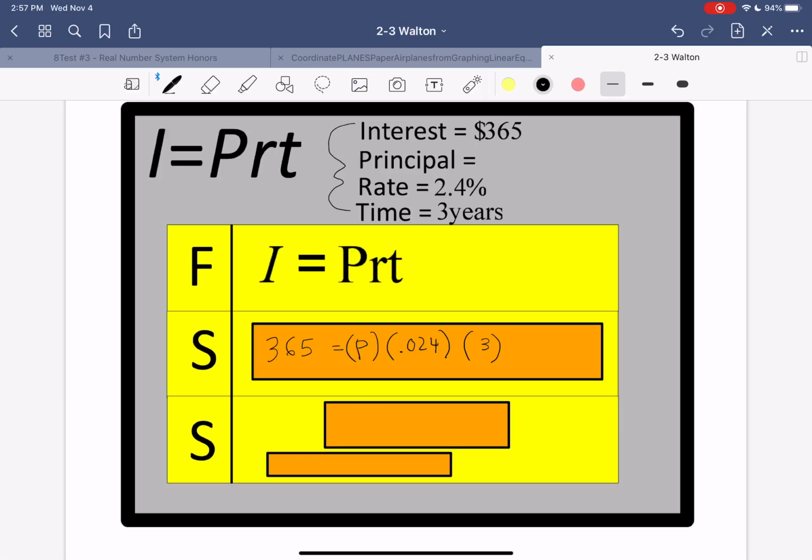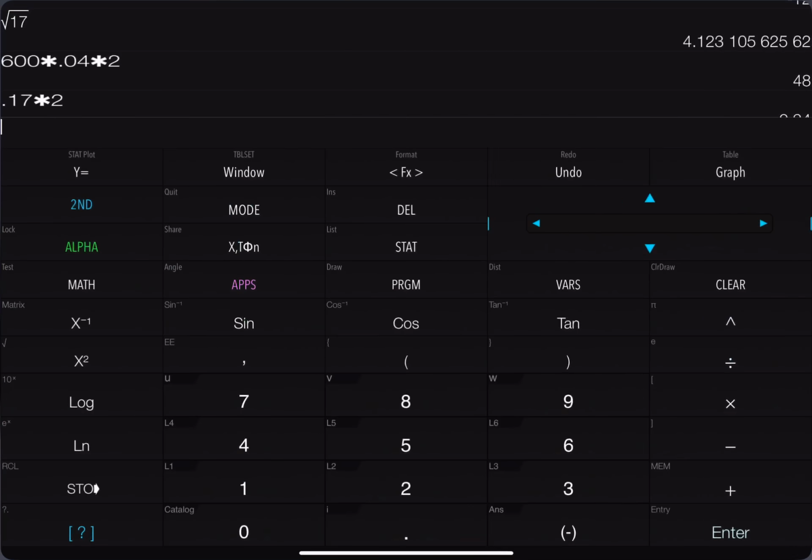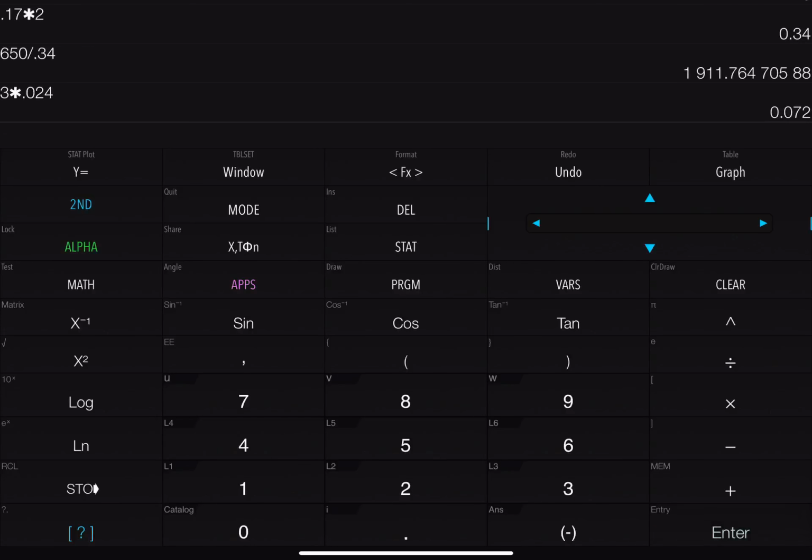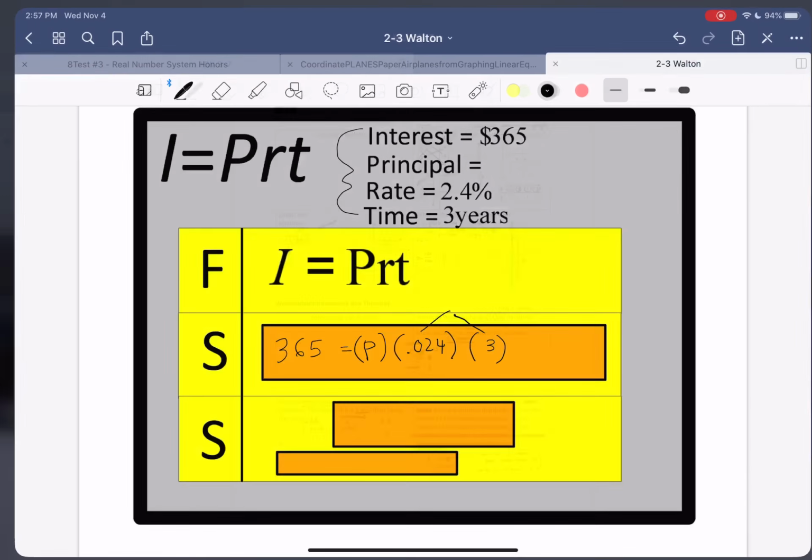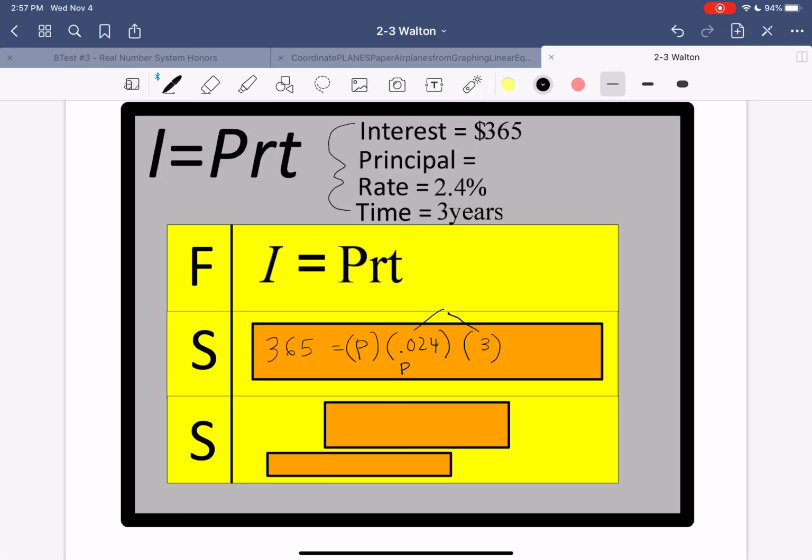So then just like on the last one, we are going to take this 3 and multiply it by the 0.024. I'm going to get my calculator out. So 3 times 0.024, and we get 0.072. So we have P times 0.072 equals 365.